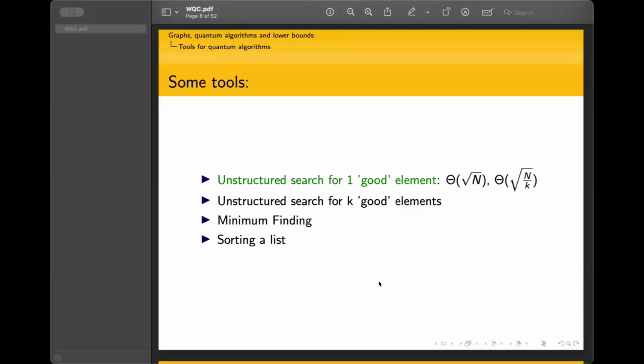And quantumly it has been shown that via Grover search you can basically get this quadratic speedup. It is less known, but it's still a very popular result.